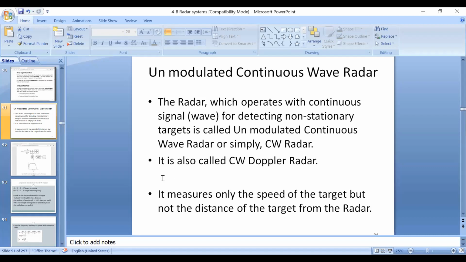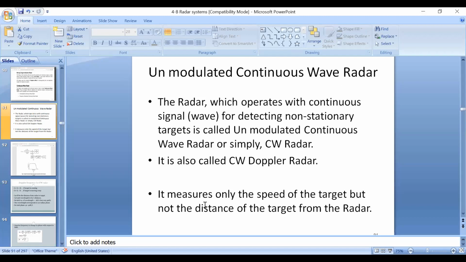The basic concept here is it measures only the speed of the target, but not the distance of the target from the radar. Technically, the distance from the radar to a target is called range. So by using this unmodulated continuous wave radar, only the speed of the target is measured. The range of the target is not provided.